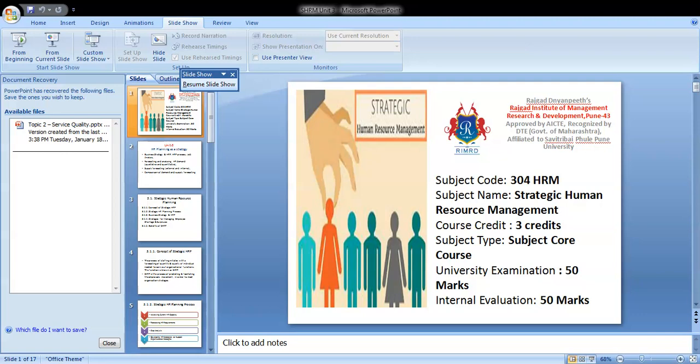So, in supply forecasting there are two sources, that are internal supply and external supply.